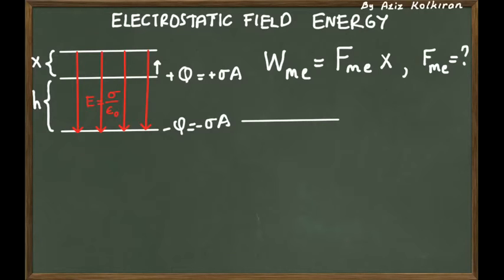If you look very carefully at one of the plates, let's pick up this positively charged plate. This plate is a metal plate, and it has non-zero thickness. It has some finite thickness, right? In a macroscopic picture, it has some thickness. It's like a slab of metal, right? It has thickness.